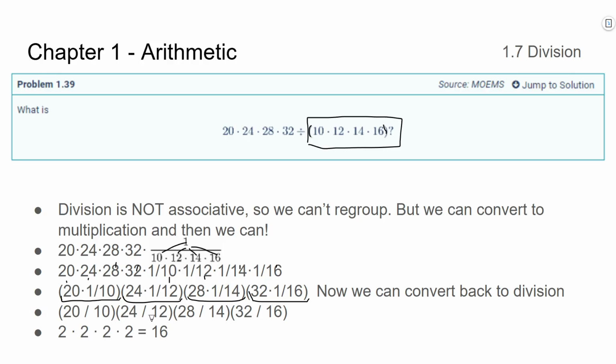We have 24 divided by 12, 28 divided by 14, 32 divided by 16. So this right here is going to be 2 times 2 times 2 times 2, and that gives us 16. So much easier than multiplying all these together and then multiplying all these together and then doing some big long division to get 16. This is going to be much easier to do in your head.